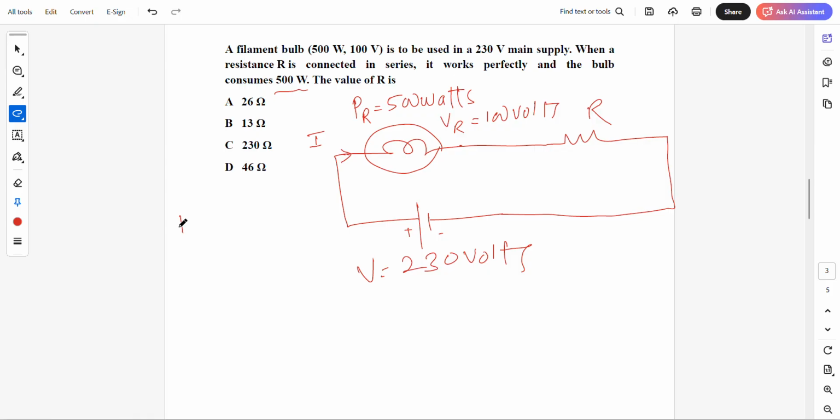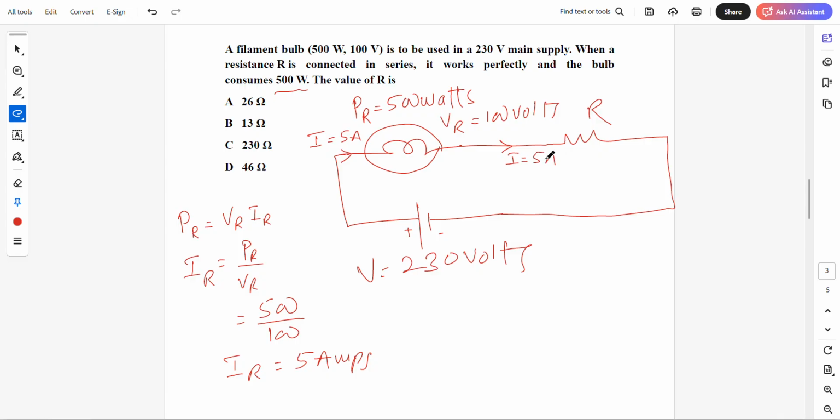P is equal to V into I. So PR is equal to VR into IR, that will give IR is equal to PR by VR. 500 by 100 is 5. The rated current will be 5 amperes. Therefore, 5 amperes of current will be flowing here, and the same 5 amperes will be flowing here also.